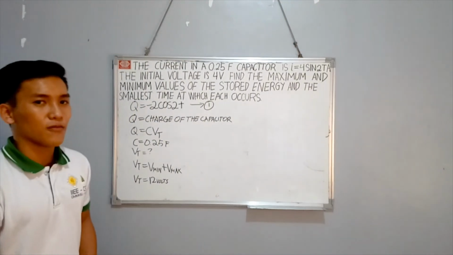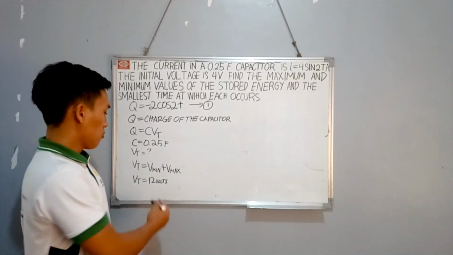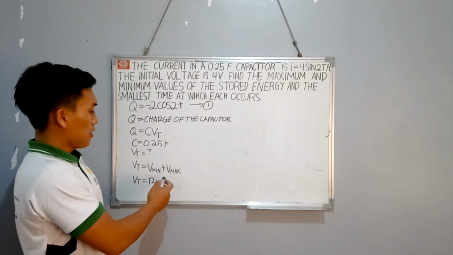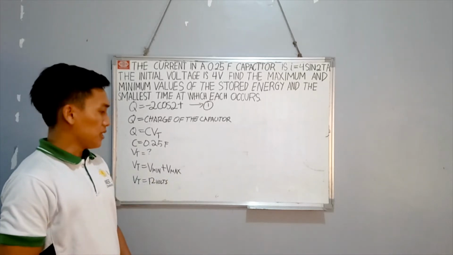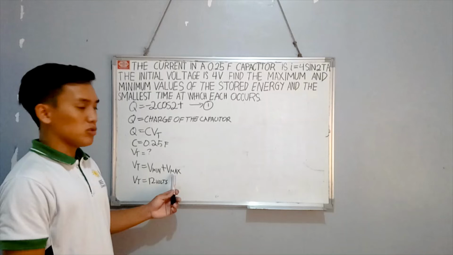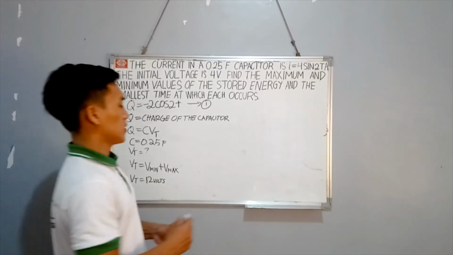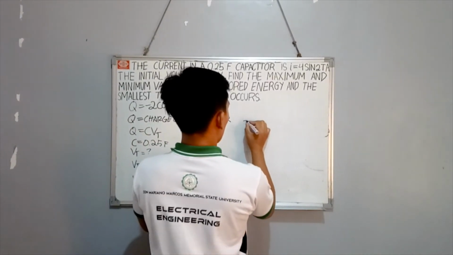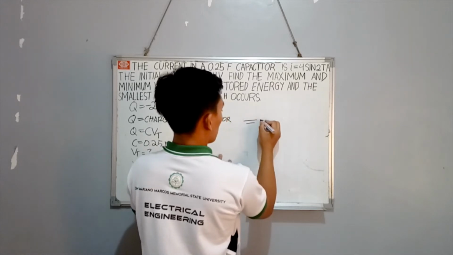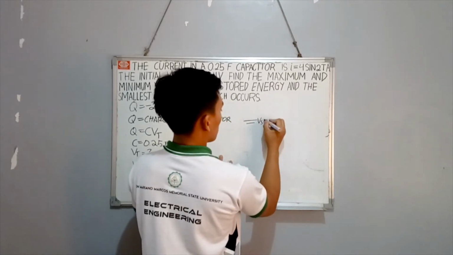Now that we obtain the value of the minimum, which is 12 volts, we will also get the voltage at the maximum. And to get the voltage at the maximum, we should also redraw the figure. Voltage source, that is 16 volts.